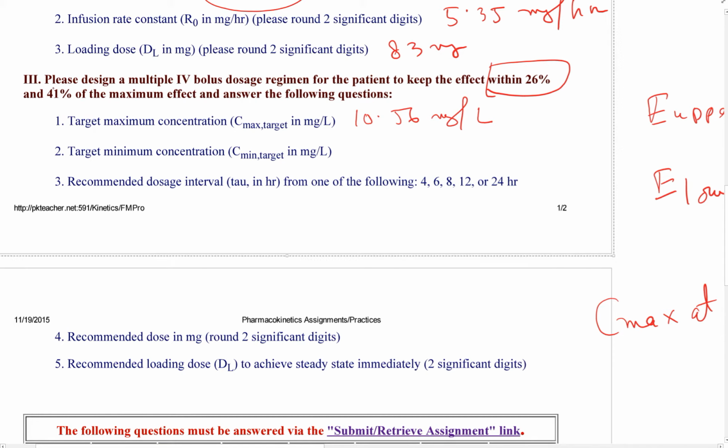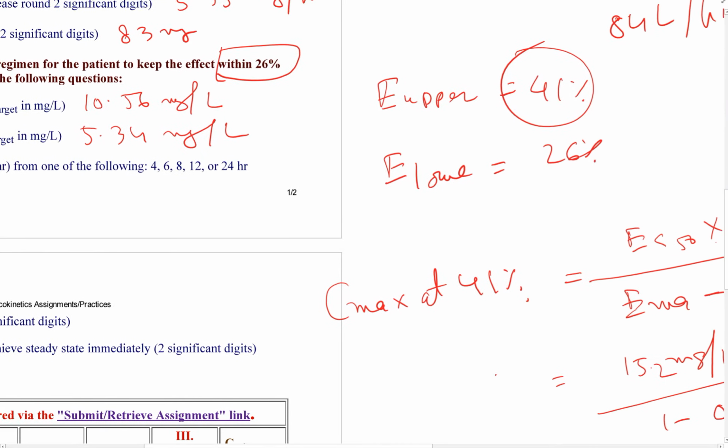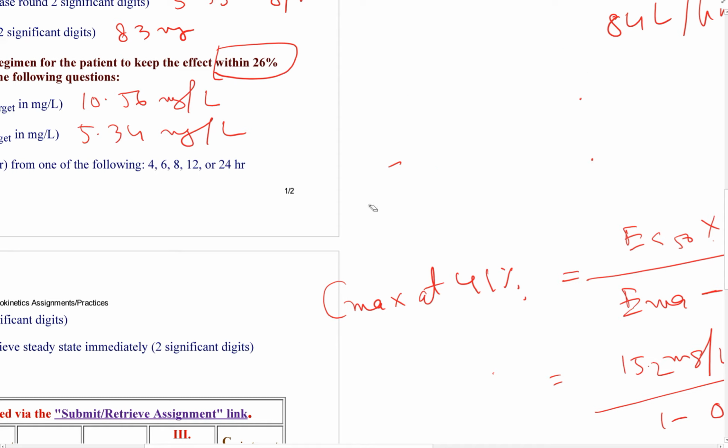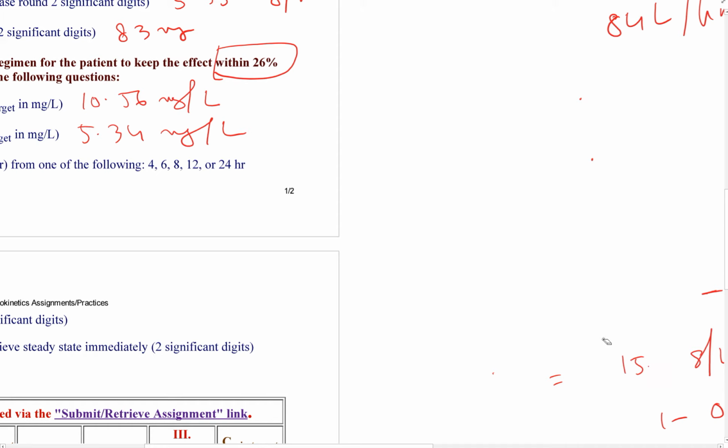Always you have to use 41 to calculate, and then target minimum concentration is 5.34 milligram per liter. So we have now Cmax and Cmin. From that Cmax and Cmin, we have to calculate this. After calculation of Cmax and Cmin, we have to go back to multiple dosing.